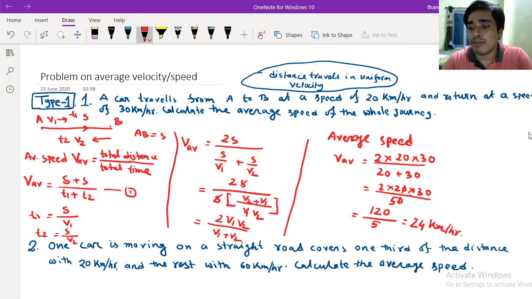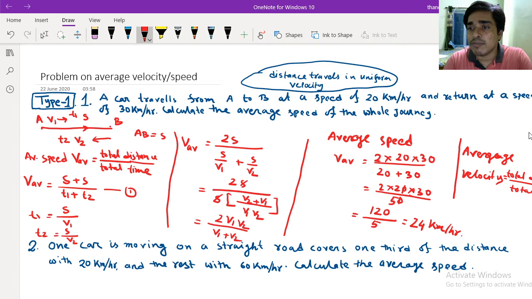Now you have to calculate the average velocity. Average velocity can be calculated as total displacement divided by total time.